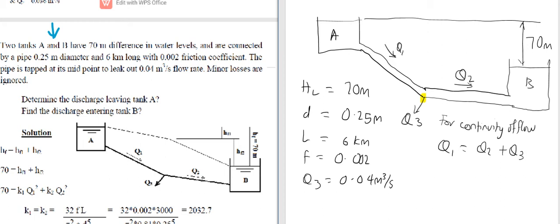So what next? We can apply Bernoulli's theorem to A and B, with the friction loss in this section of the pipe and then the friction loss in this other section of the pipe, and we will add them because that is like a series connection.